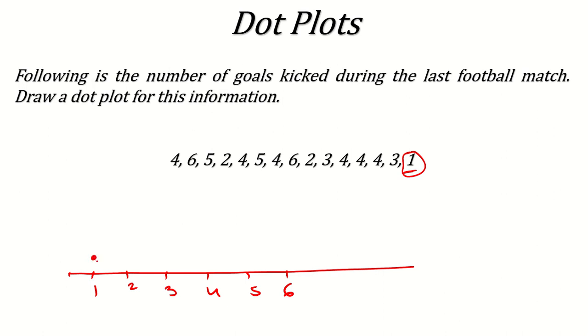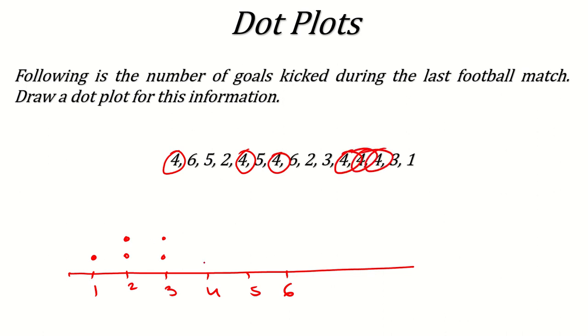Okay. Now next is 2. 2 how many times? 1, 2 only. So here it is 1, 2. Now 3 how many times you see? Here, okay, 1 and 2. 3 also 2 times. So here 2. Now 4 how many times? You see this? 1, 2, 3, 4, 5, 6.